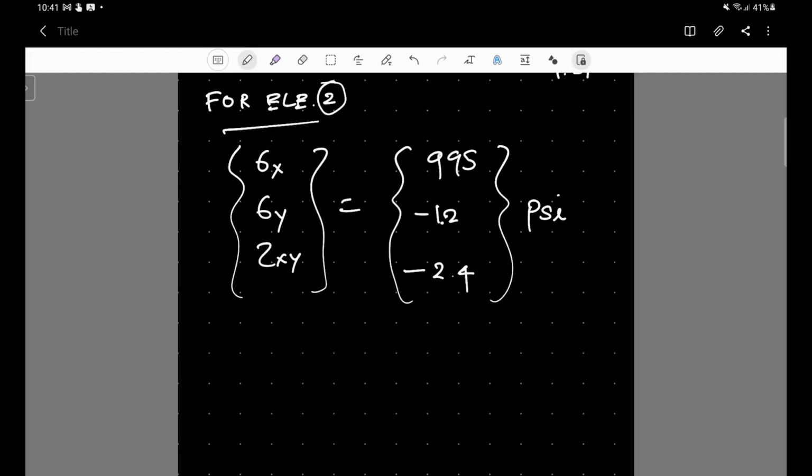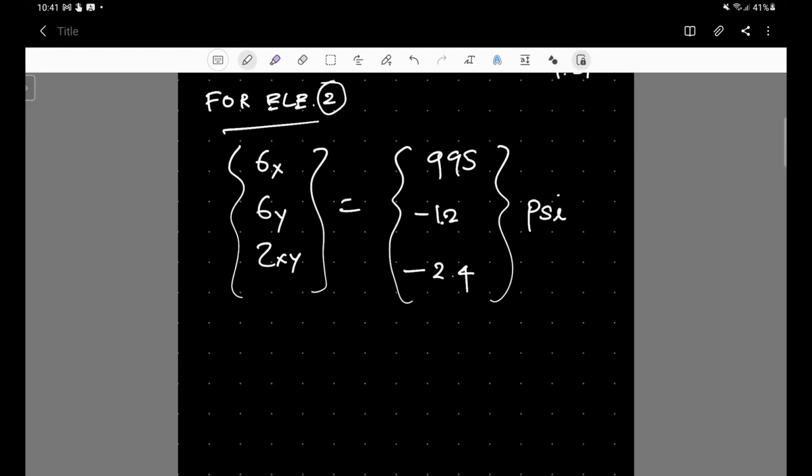So now you have obtained the stresses applied in X and Y, and of course in the XY plane, the normal stresses as well as shear stresses of the two elements.